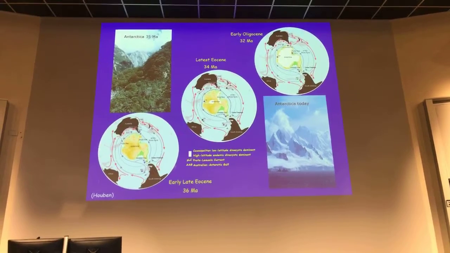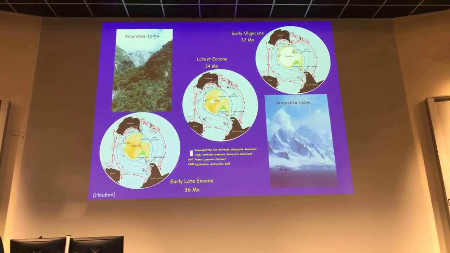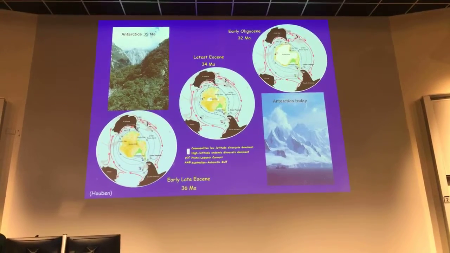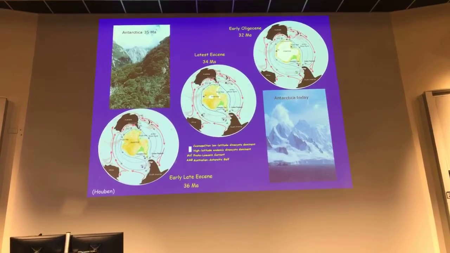Now, the edge of that ice would be about as far from Adelaide as Melbourne is today, fairly close by.